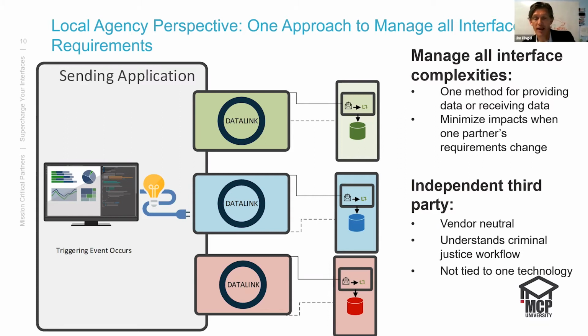Now, once we have that data link, and again, if you remember, the second half of that data link is how to communicate with, say, the green system or the blue system on the right side of our diagram. Those are going to be reusable regardless of who your partner agency's system vendor is. One vendor can reuse those interfaces across multiple different clients.